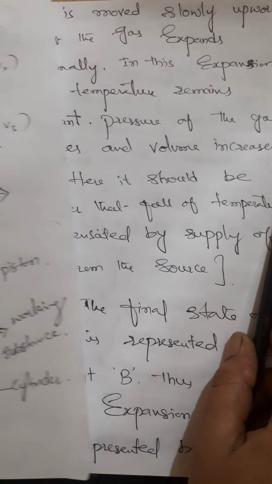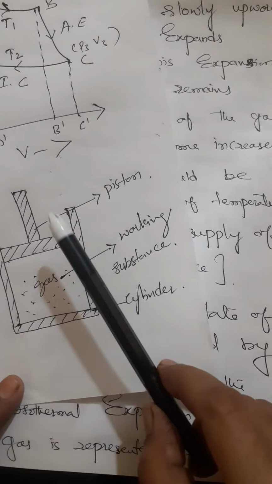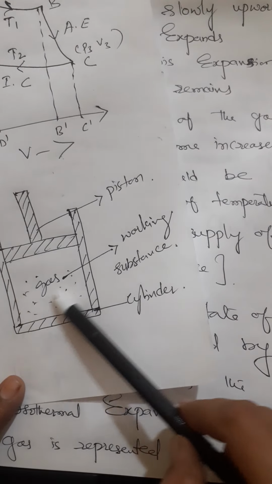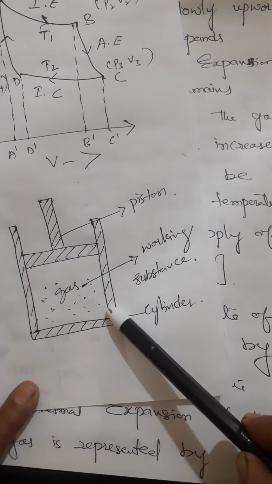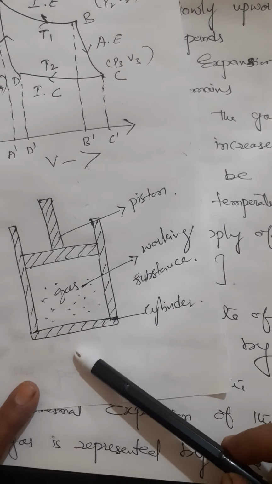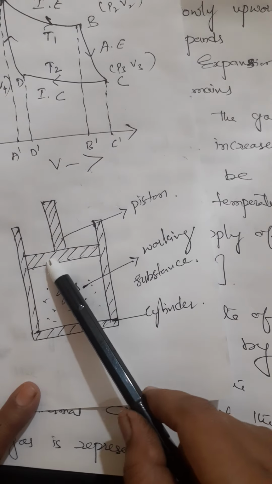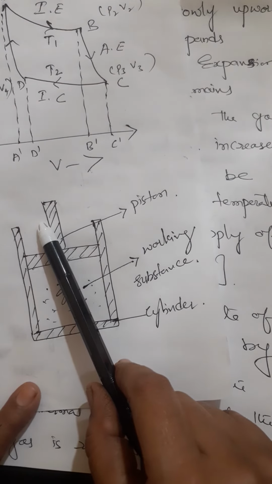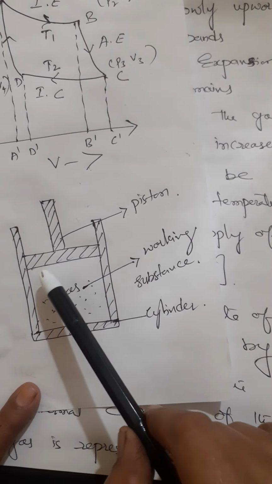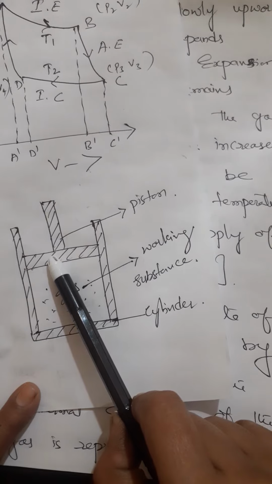When this cylinder is placed on the source, which is always a hot body, and the piston is moved in the upward direction slowly and isothermally, the temperature remains constant.